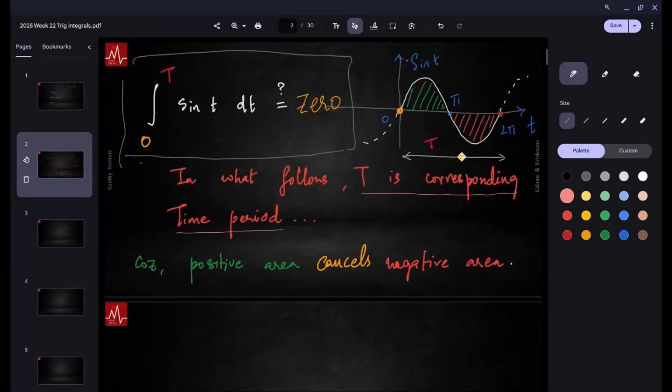Notice here your T happens to be 2 pi. Integral 0 to 2 pi of sine t dt is 0.